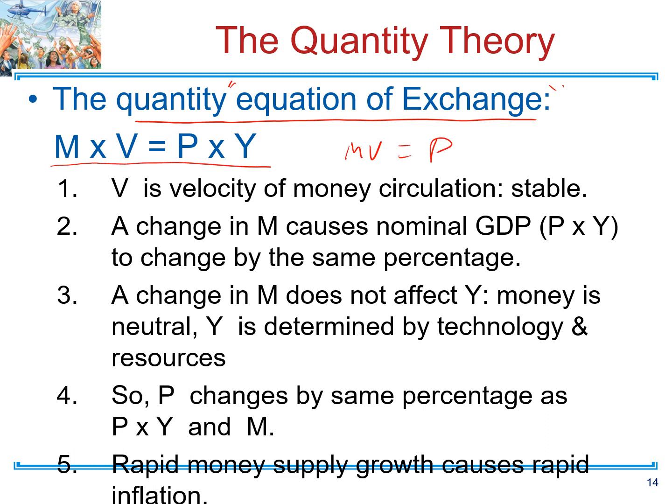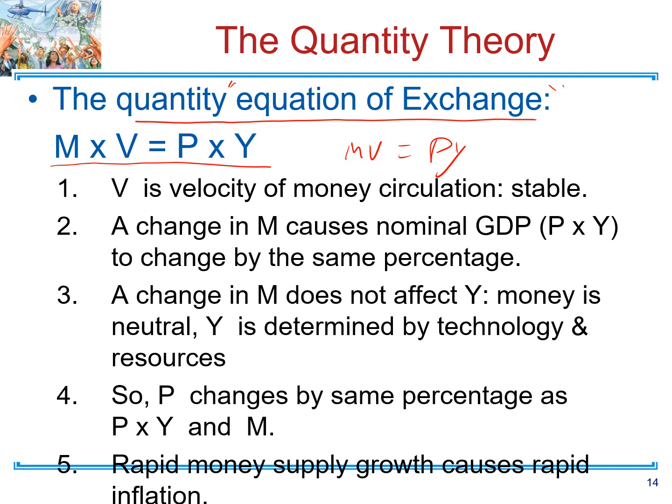MV equals PY. Here, M is the stock of money. And V is the velocity of money. That means how fast money circulates. That is the velocity of money. This P is a level of price, such as the GDP deflator or CPI.